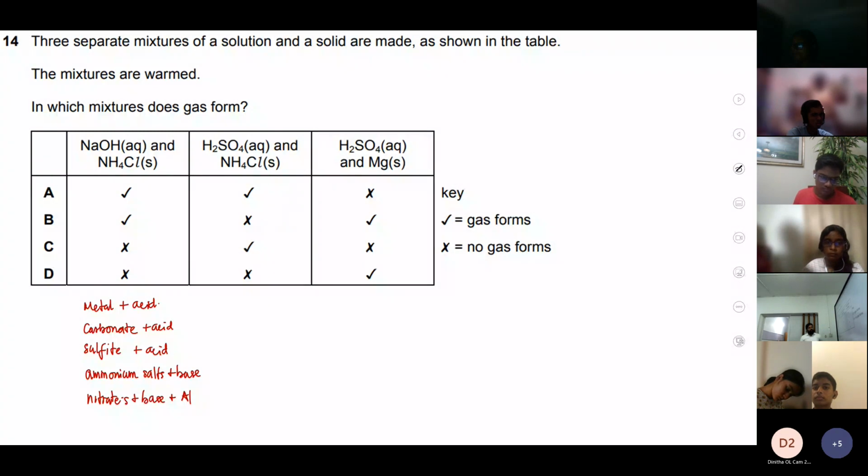Then these are the 5 main situations where you get gases.